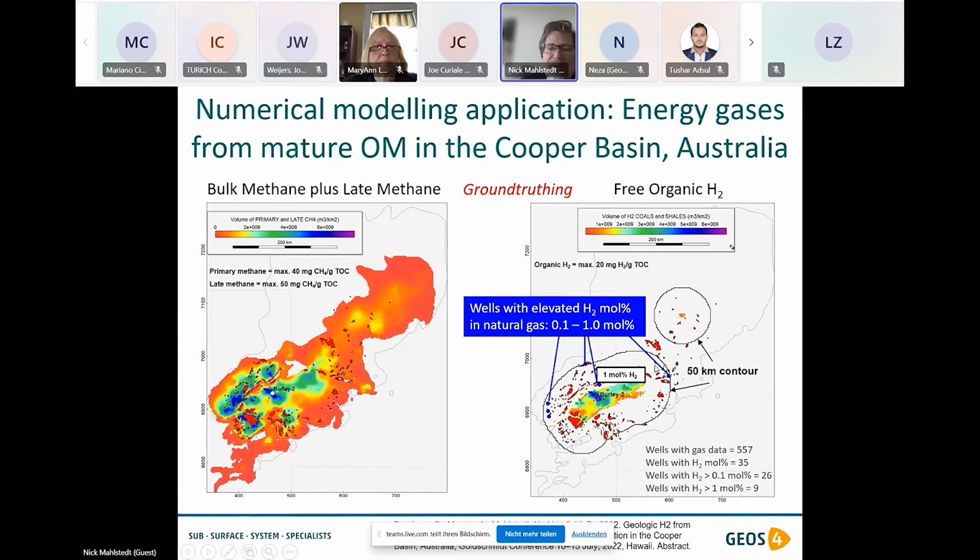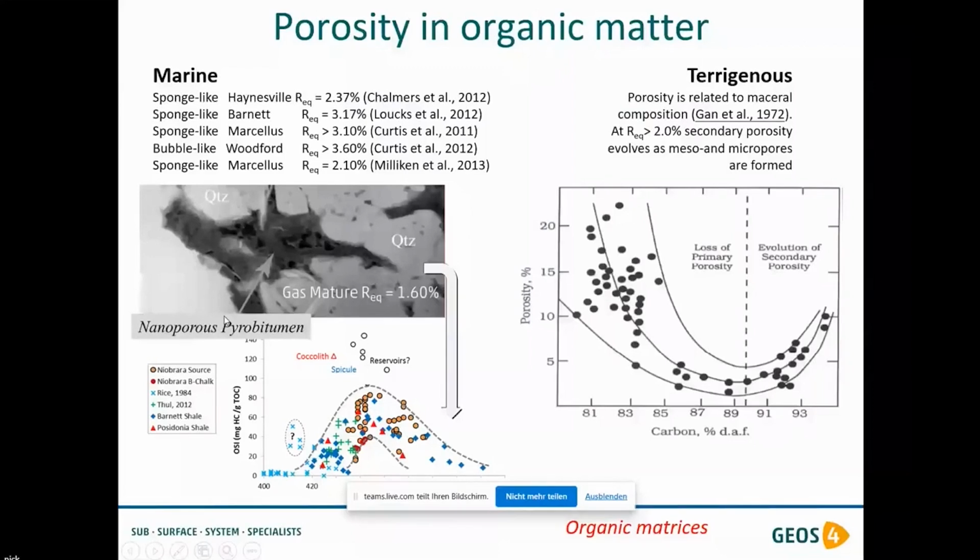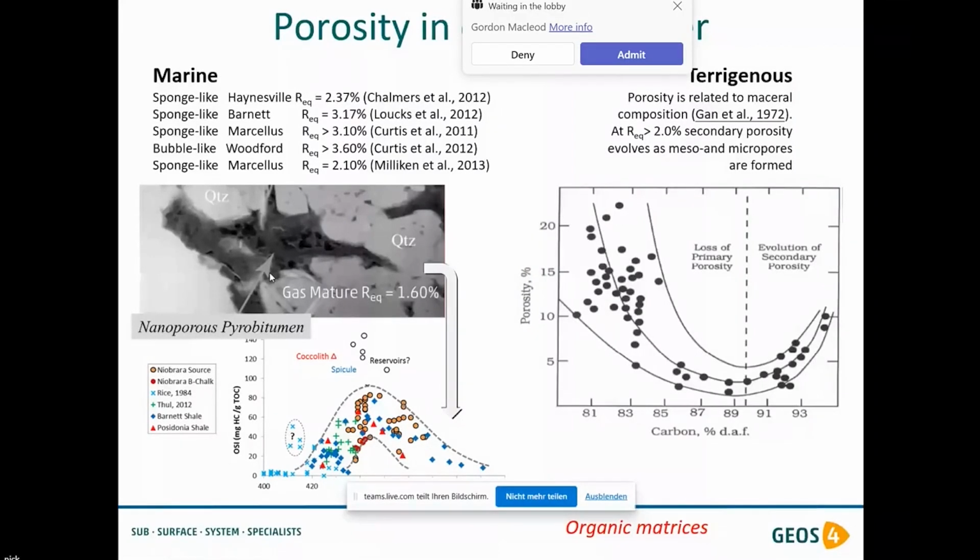So now let's come to a little bit of ground truthing, because actually those exploratory drilling and organic matter hosted pores occur and are indicative of high methane production rates and storage capacity for methane.